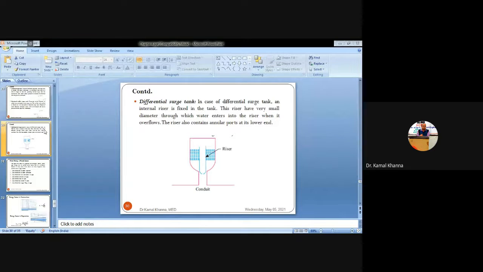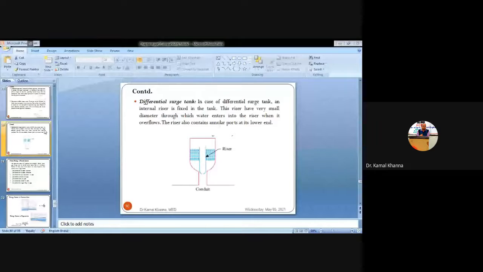As soon as the diameter is small, the velocity will be more and the pressure will be less, because the diameter is less at the entry of the riser, so we have reduced the pressure at the entry of the surge tank.